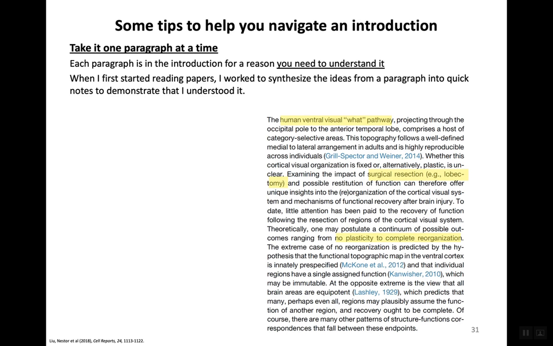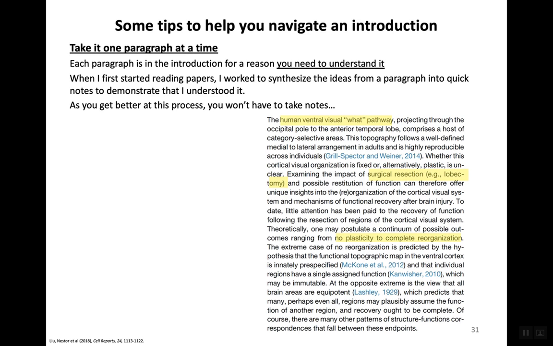And whenever you're reading a paragraph, especially if you are new to this process, to reading scientific articles, I would suggest trying to synthesize the ideas from a paragraph and put together some quick notes. This is what I used to do when I first started to read papers, and it really helps.